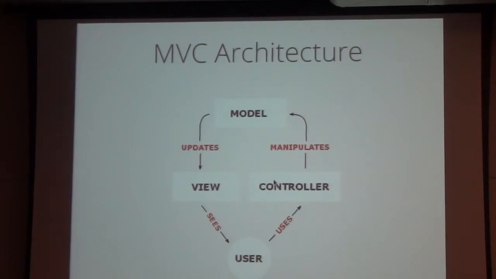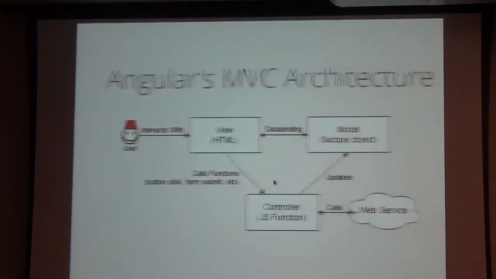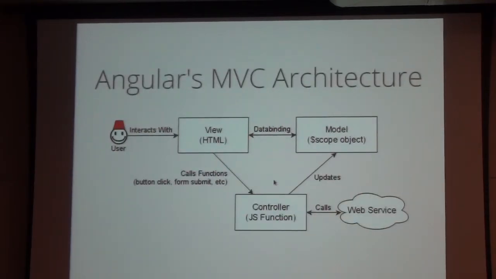To bring it closer to Angular, I have the same diagram, but with some Angular specifics in here. So we have our same old model, view, and controller, and then we have our user interacting with them. Again, you can see this user is interacting with the view, which is just HTML. That view is associated with a model, which via data binding, whenever the model updates, the view updates.